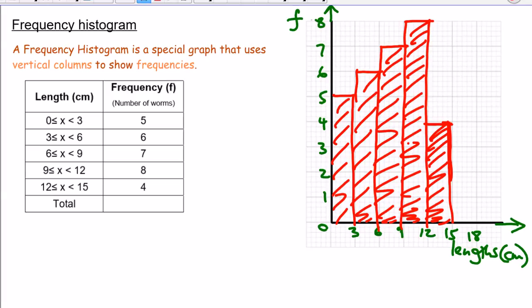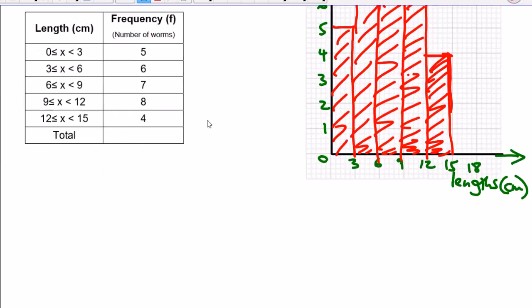What you need to notice from the frequency histogram is the horizontal axis is continuous like a number line. So I'm just going to write that here.